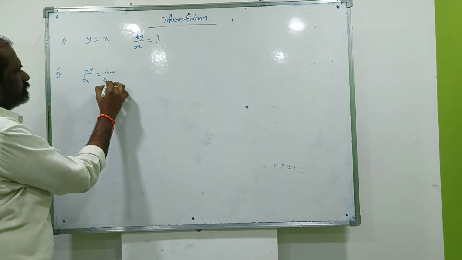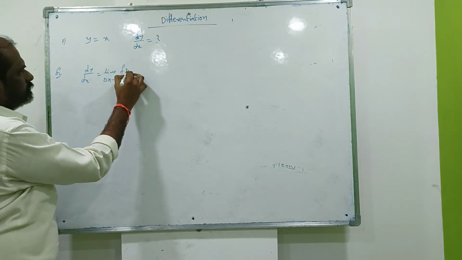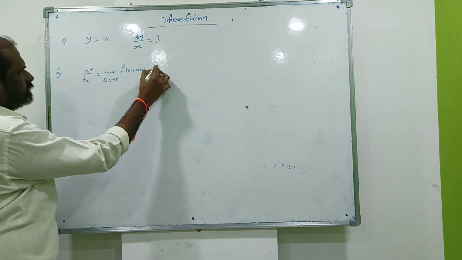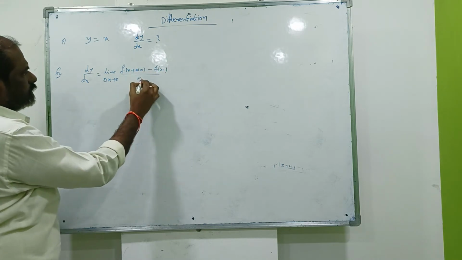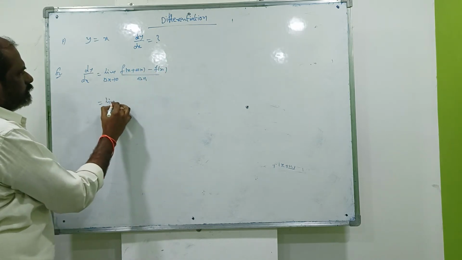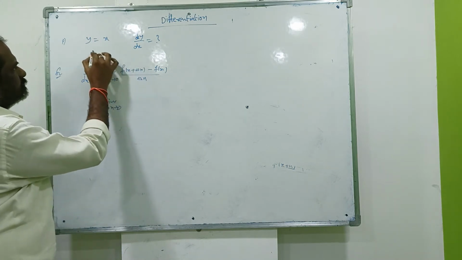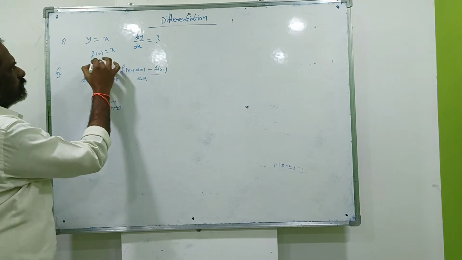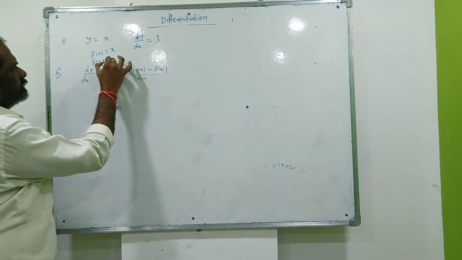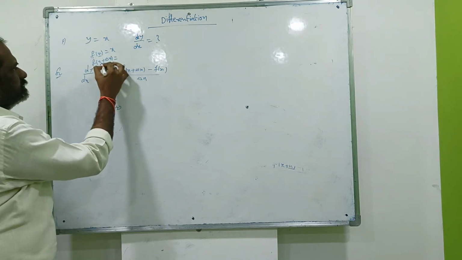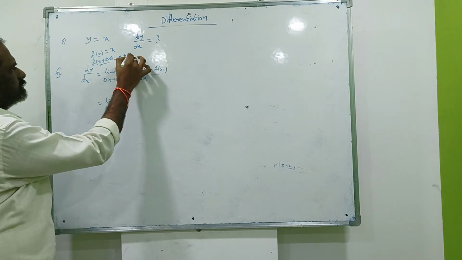What is dy by dx? Limit delta x tends to 0, f of x plus delta x minus f of x by delta x. What is f of x plus delta x? f of x means x, so replace x by x plus delta x, that is x plus delta x.